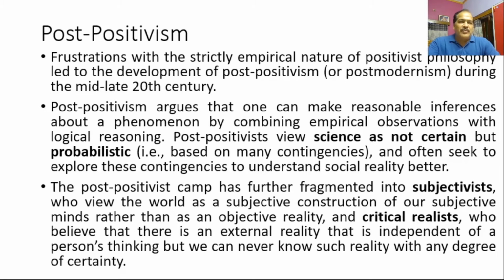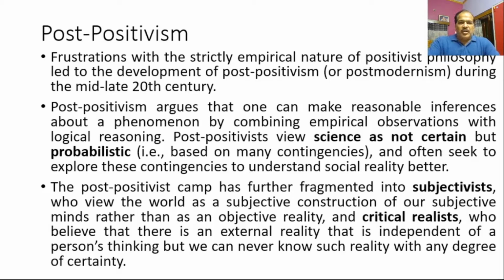Another approach which emerged in reaction to positivism was post-positivism. The frustrations with the strictly empirical nature of positivist philosophy led to the development of post-positivism, or postmodernism, during the mid-late 20th century.